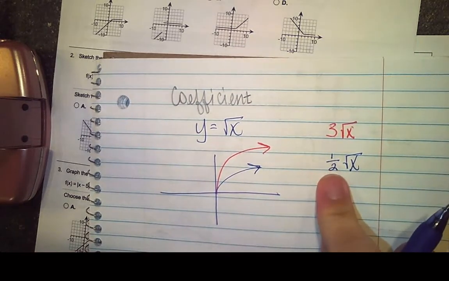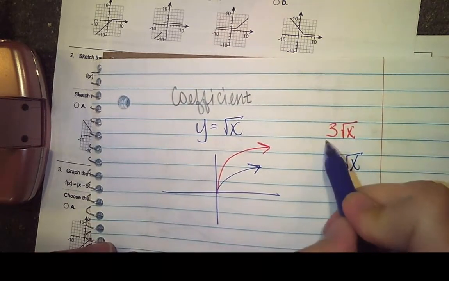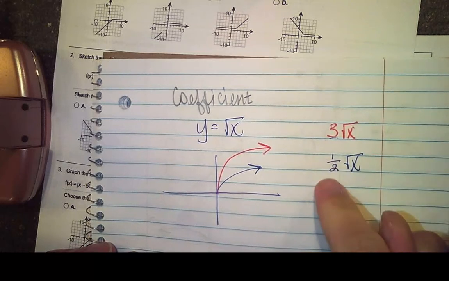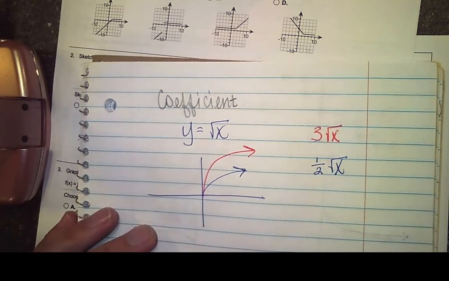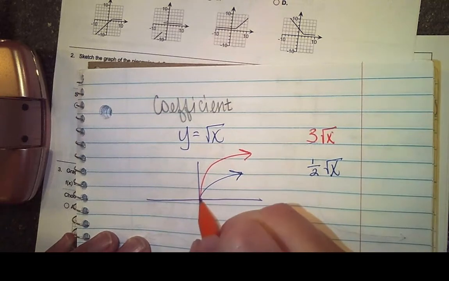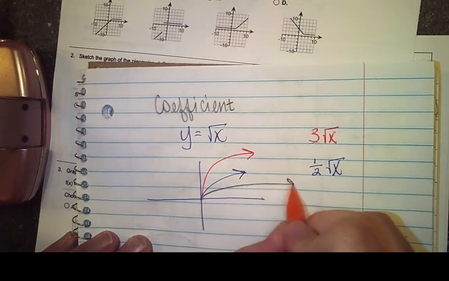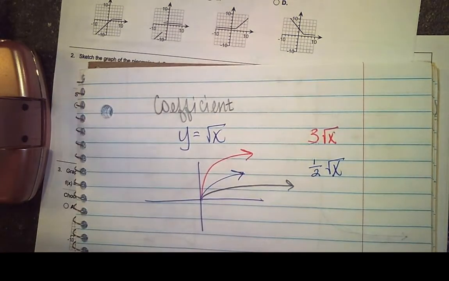So it's an elementary fraction. This is improper because it's 3/1, and this is a proper or elementary fraction. If I use that one, it's going to squish it or compress it. So it's going to make it long, so it's like somebody stomped on it. Okay, so coefficients will stretch or compress.